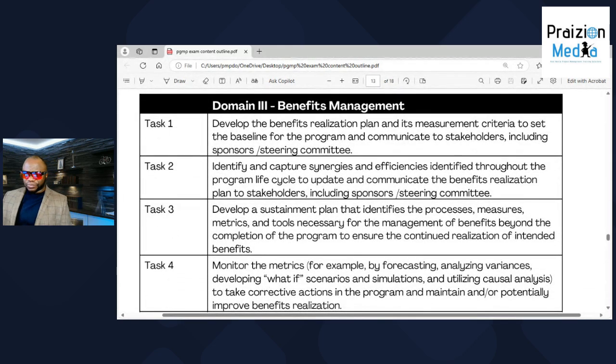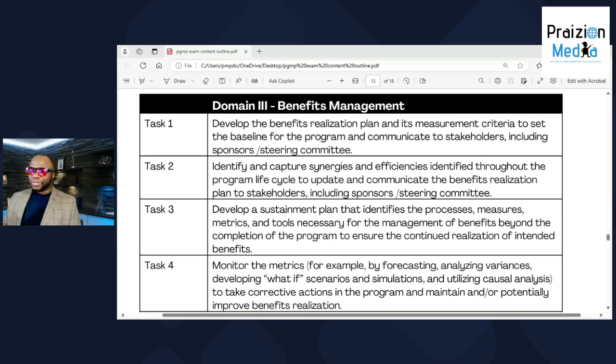Okay? So we've done quite well considering we were faced with a wall of text in domain two. And now that we are done, we're going to move from domain two into domain three.